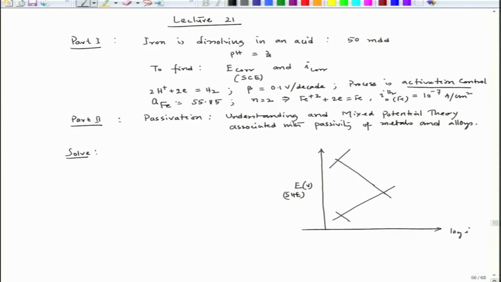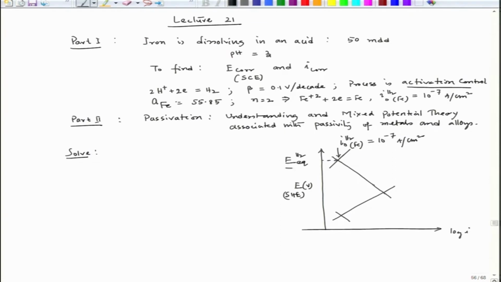So if we see this, this point is I0 for hydrogen over iron surface equal to 10 to the power minus 7 ampere per centimeter square, and this potential is E equilibrium for hydrogen.